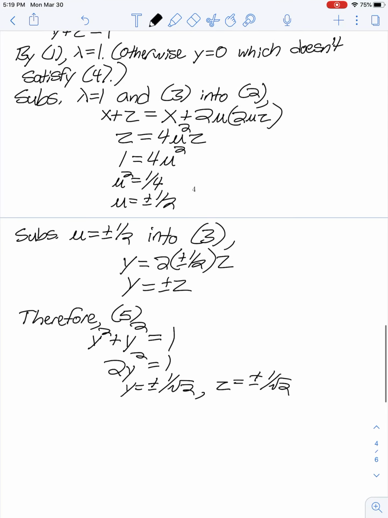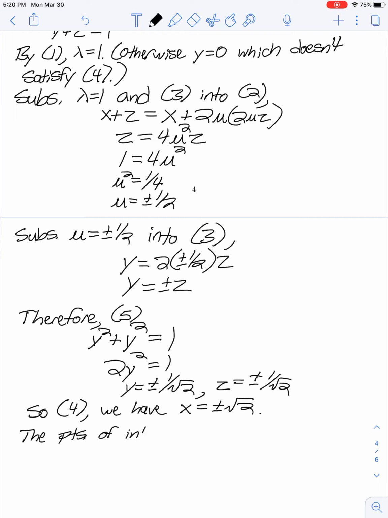So we still need to find our x values, and if we look back at equation 4, for our first constraint, we saw x times y had to be equal to 1. So by equation 4, we have x times y is equal to 1. So if y is equal to plus or minus 1 over the square root of 2, x has to be plus or minus the square root of 2.